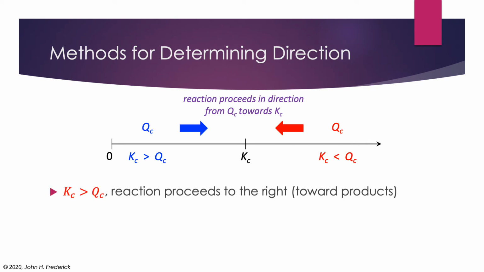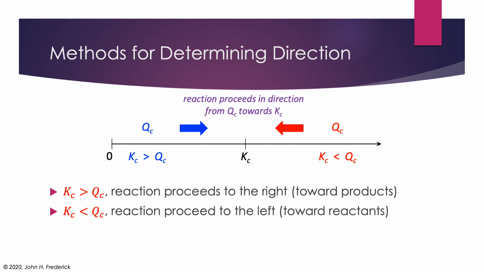So Kc greater than Qc means the reaction proceeds to the right toward products. Kc less than Qc, the reaction has to go to the left toward reactants. And lest I forget, there's another case, and that is when Kc equals Qc, and then the reaction is at equilibrium and it doesn't go anywhere.